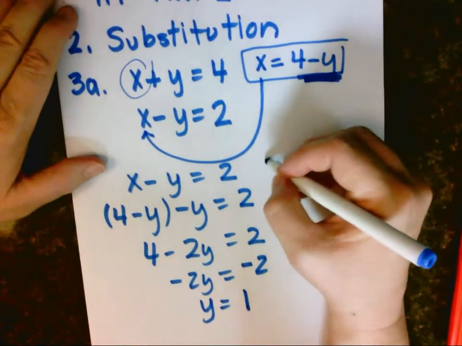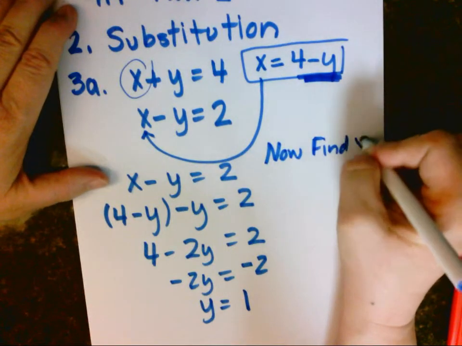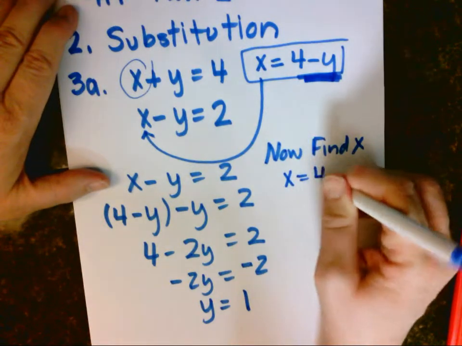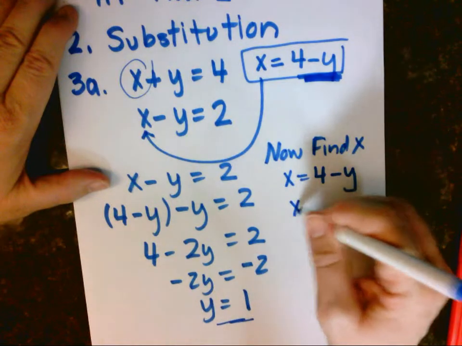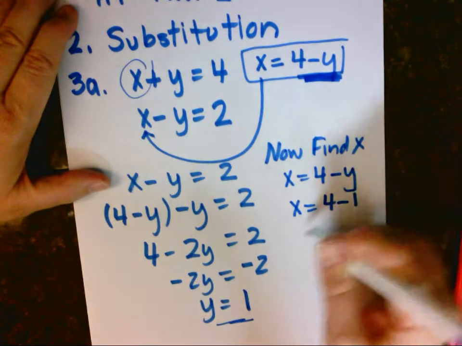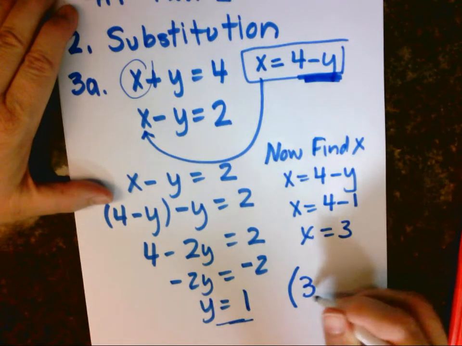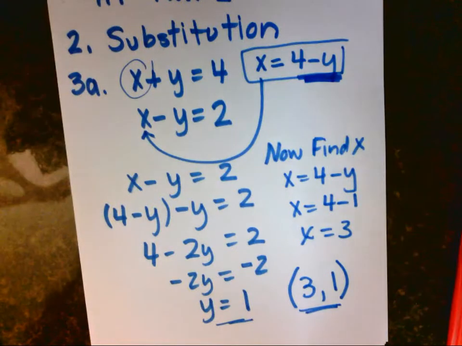Okay, now find x. x is 4 minus y. And now we know that y is 1. So x is 3. In other words, 3, 1 is the solution to this system of equations.